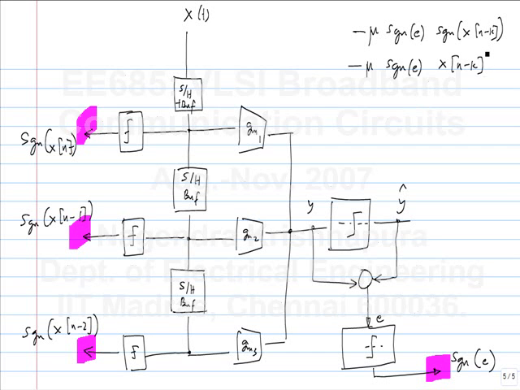This is the increment in the coefficient. If you do this one, you have to have much finer control over the GM, because the update in GM is not a fixed value mu. In the first case, the update in GM is a fixed value mu. In the second case, the update in GM is mu times xn minus k. So you have to have a facility to vary GM in much finer steps, so that you can do it in mu xn minus k, or you have to do it continuously.